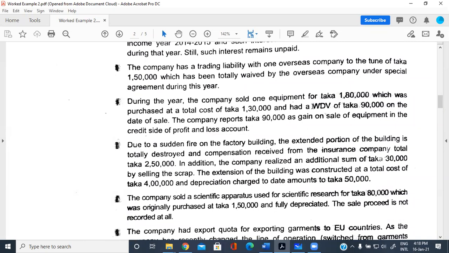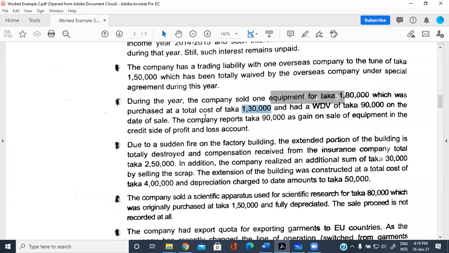What is written down value? How can we get the written down value? Sir, purchase price minus depreciation. Okay. What is the accumulated depreciation here? If the purchase price is 130,000, accumulated depreciation is 40,000.